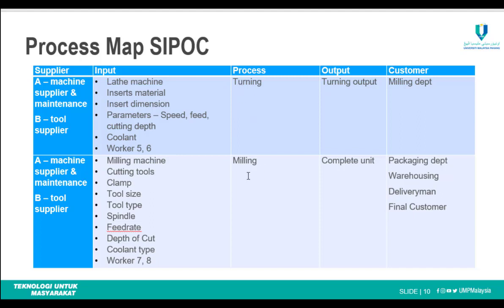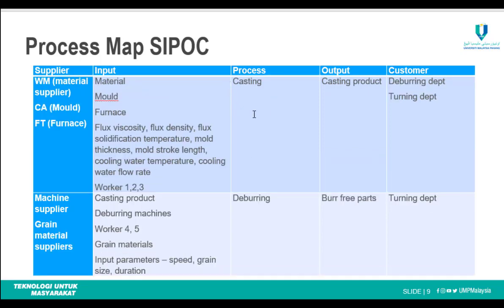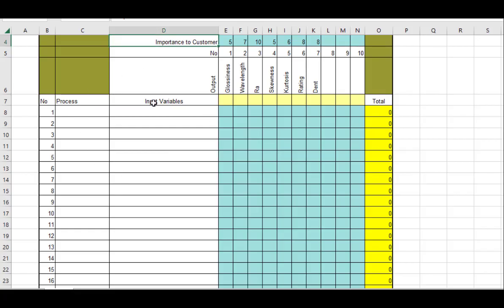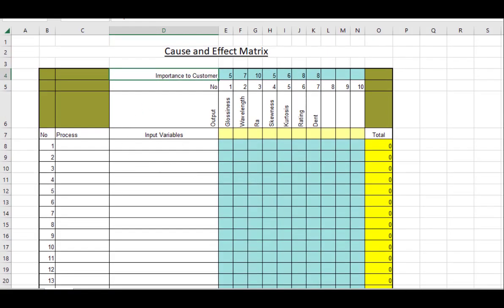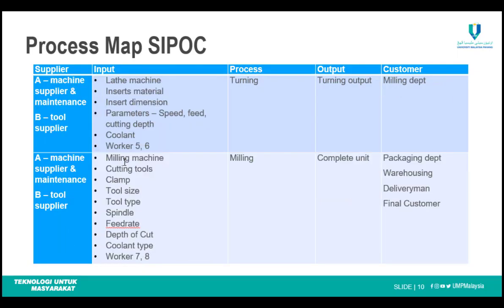In the case that we didn't have any idea which process actually contributes to the problem that we studied, we can also take all the processes and all the inputs and transfer them into the cause and effect matrix. In this case, we only concentrate on turning and milling.